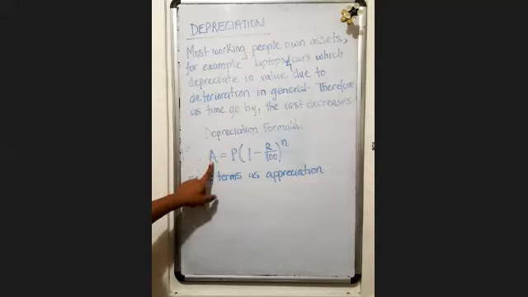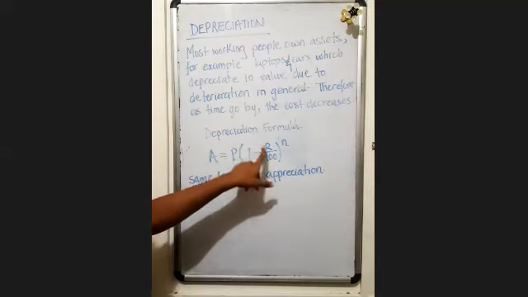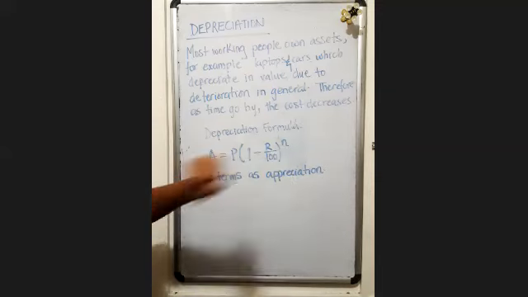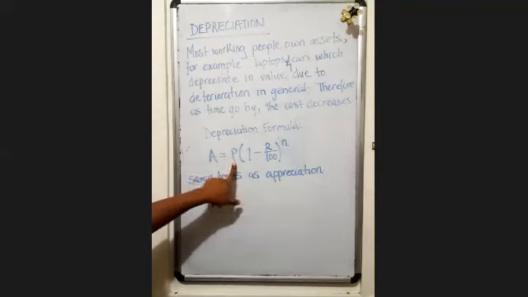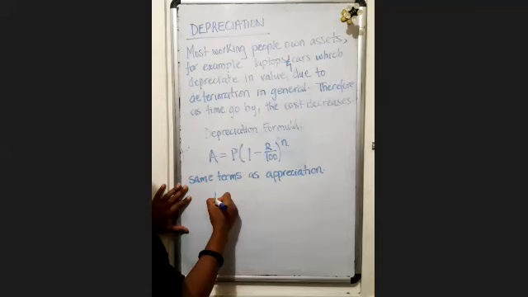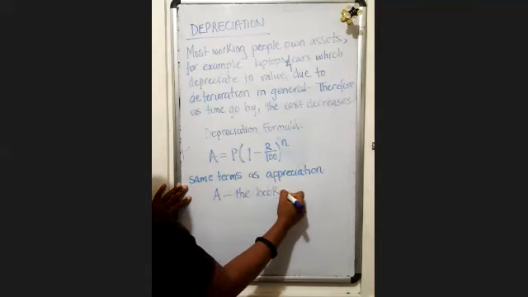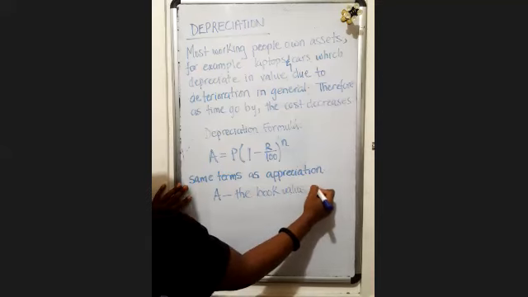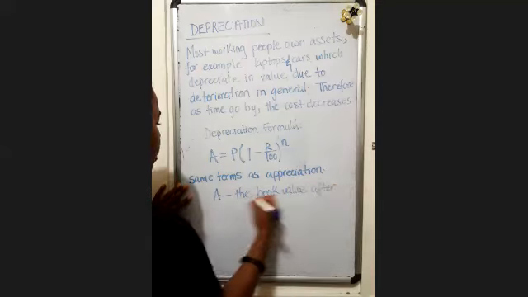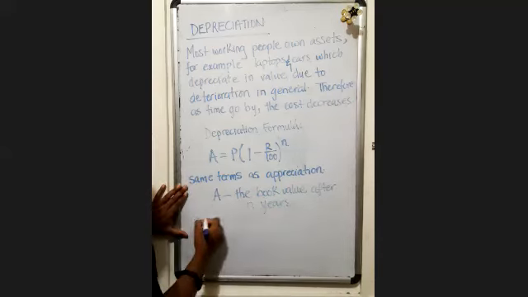But firstly, the formula is A is equal to principal, open brackets, 1 minus R over 100, close brackets, to the power of N. A is the amount, P is the principal, R is the rate. But in this case, the A will be known as the book value after N years.